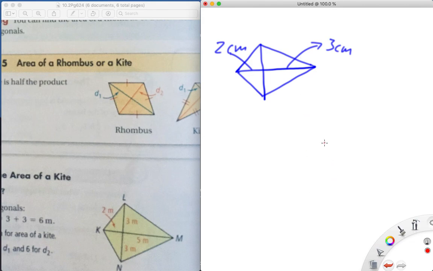Oops, that is not 3 centimeters. That is 5 centimeters. This guy is 3 centimeters. And this guy is 3 centimeters.